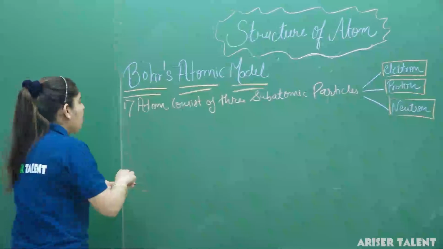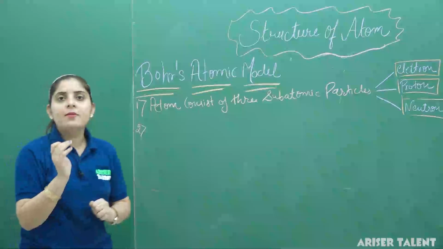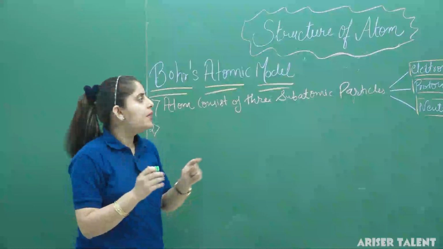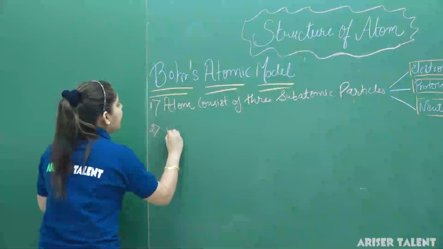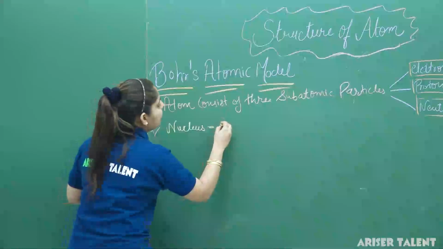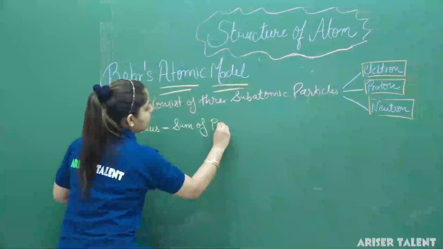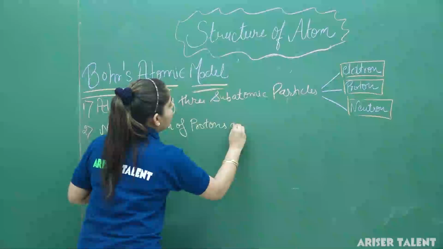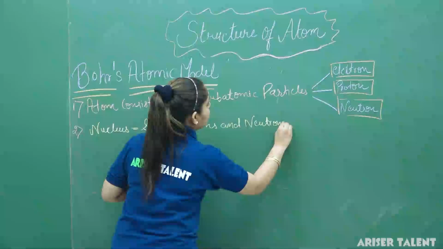After that, Bohr gave his second postulate, that the entire mass of the nucleus will be the sum of protons and neutrons. So the second point is, nucleus is equal to the sum of protons and neutrons.